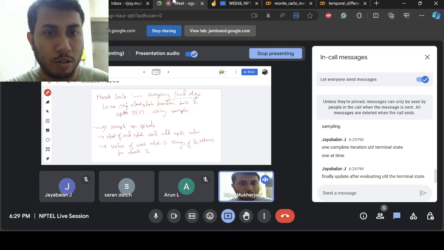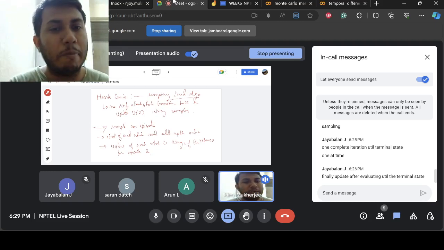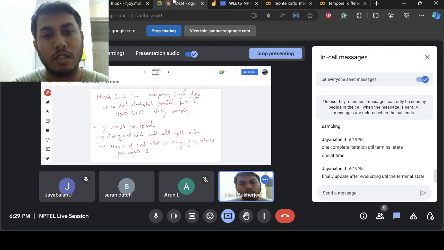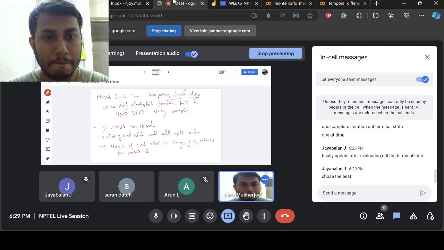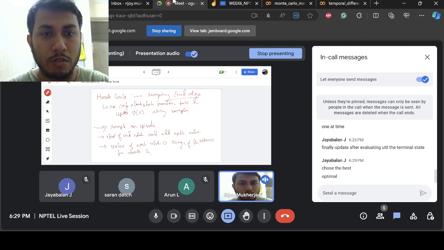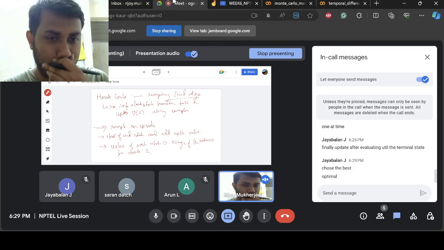In a greedy approach, you always choose the best, so what you don't do is explore. At the end of the day, we need to explore.